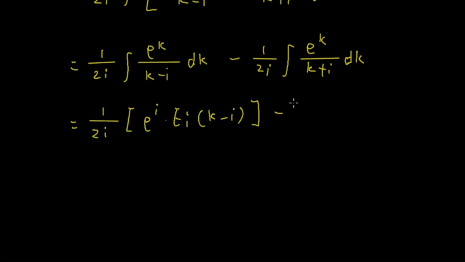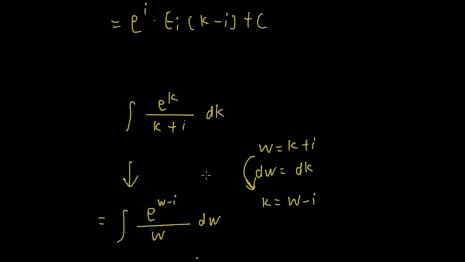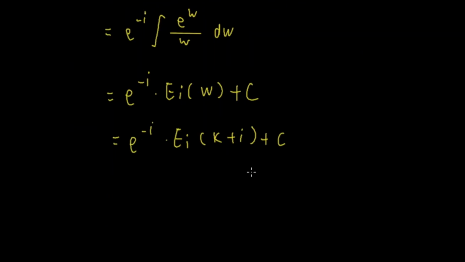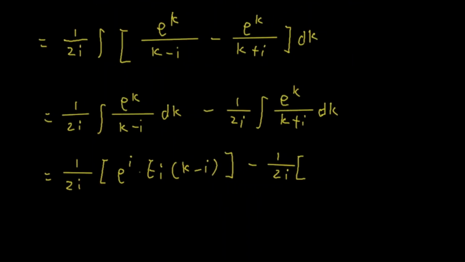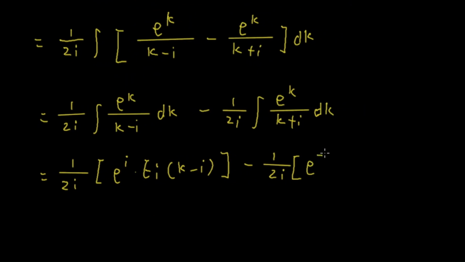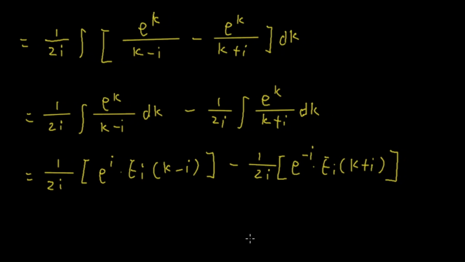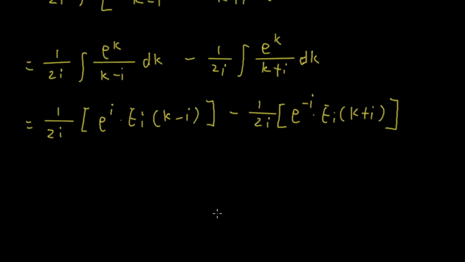Minus 1 over 2i times this one, e to the negative i times exponential integral of k plus i. We can add c here.